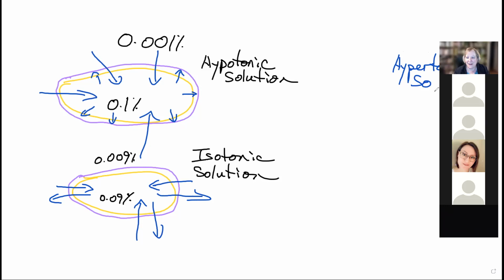It's supposed to be a C, not an S. So with my little bacterium, we've got a 0.09% solution. And let's say we put them in a 2% solution. Let's go ahead and give it its cell wall. Which direction is the water going to go?